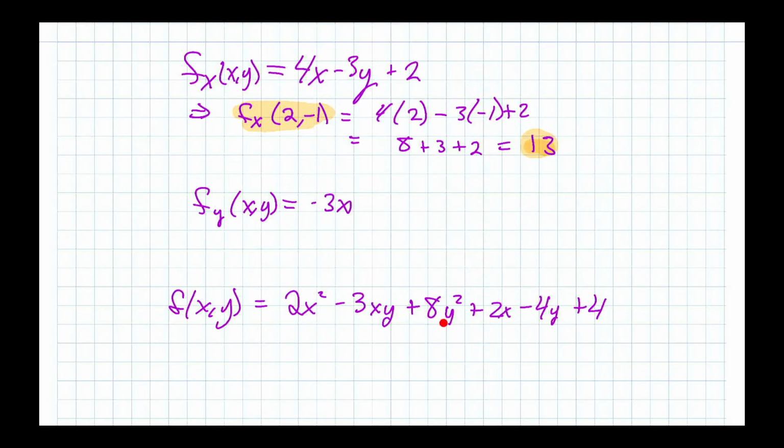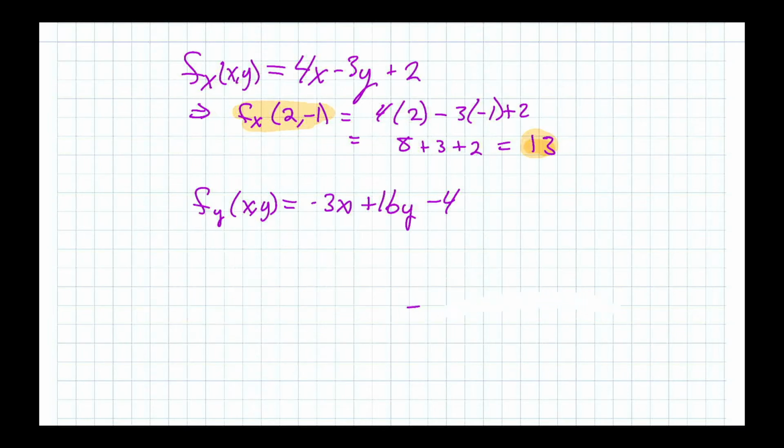The derivative of 8y squared with respect to y is 16y. The derivative of 2x with respect to y is 0. The derivative of negative 4y with respect to y is negative 4. And then the derivative of 4 is 0. So we're done with this.